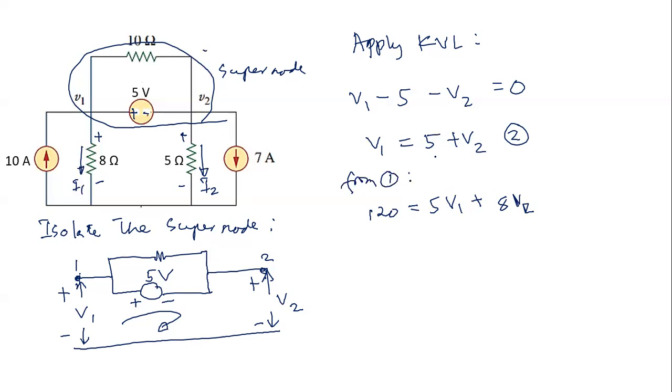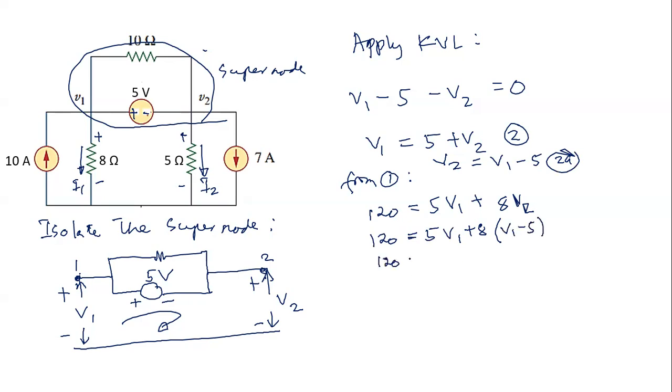And then if we are going to substitute, or if you wanted to solve first for V2, let's have to solve for V1. So you have to transpose. So this is V2 equals V1 minus 5, equation 2A. So if we substitute 2A to equation 1, we have 120 equals 5V1 plus 8V2. V2 is V1 minus 5.